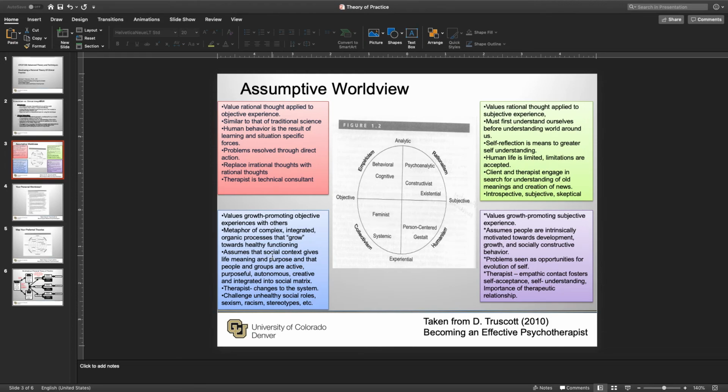So the metaphor is more complex, integrated organic processes that grow and evolve towards healthier functioning. So again, looking much more from the objectivist side. It assumes that the social context gives life meaning and purpose, and that people and groups are active, purposeful, autonomous, creative, and integrated into the social matrix. And actually, the more we interact with specific groups, the more our thoughts change, the more our behaviors change, the more our realities change.